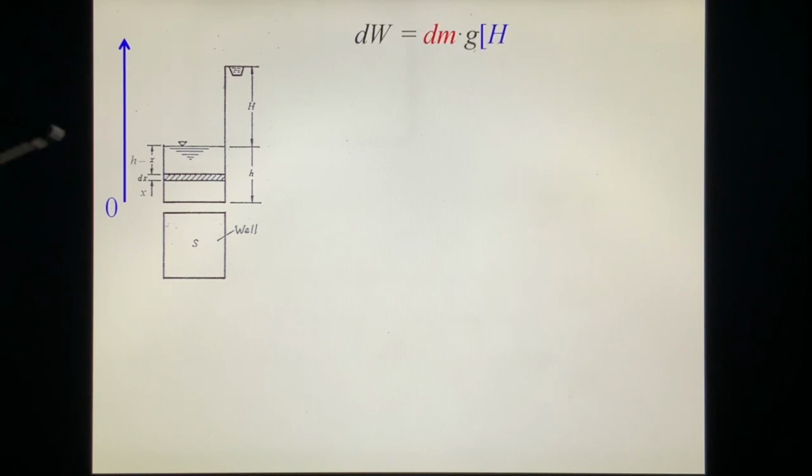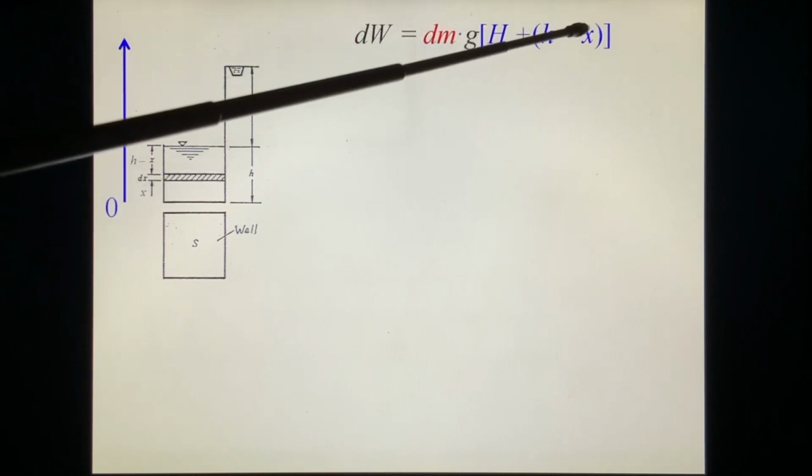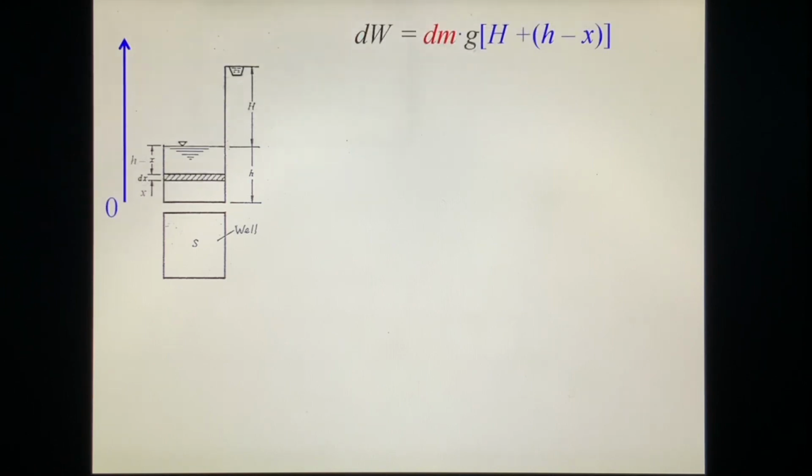We see how much work we have to do to pump this water. As dm, the mass of this layer, times g times height. In this case, since we chose a different reference, this height is h minus x plus big H. So dW is the work done on this layer to pump it to this level.